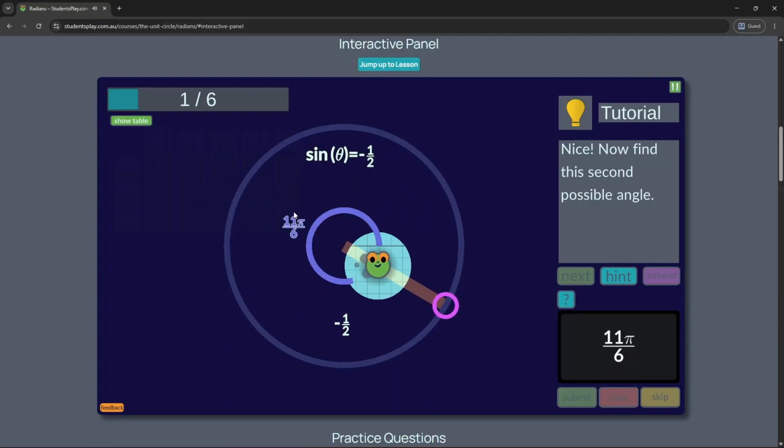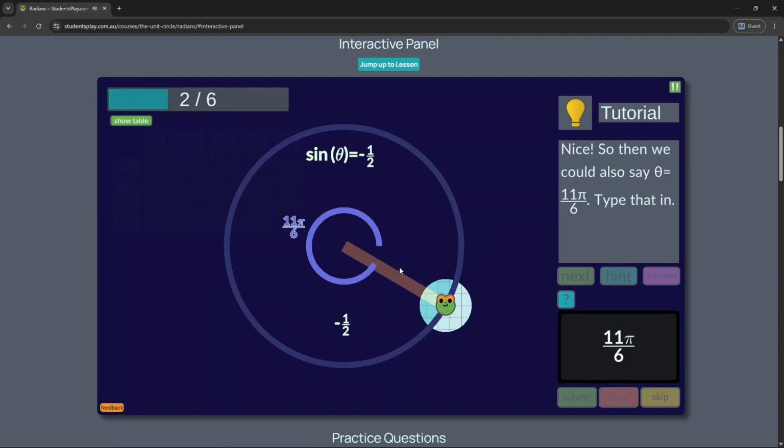If we went all the way around, it'd be 2 pi, and then we have to come back pi on 6. The total would be 12 pi on 6s. If we go back by a pi on 6, that would be 11 pi on 6. That's probably a slightly better way, but counting around is a really nice way, especially when you're starting out, just getting used to it.